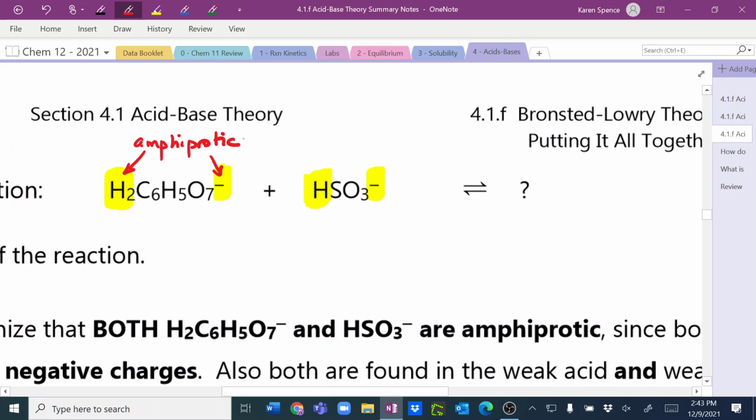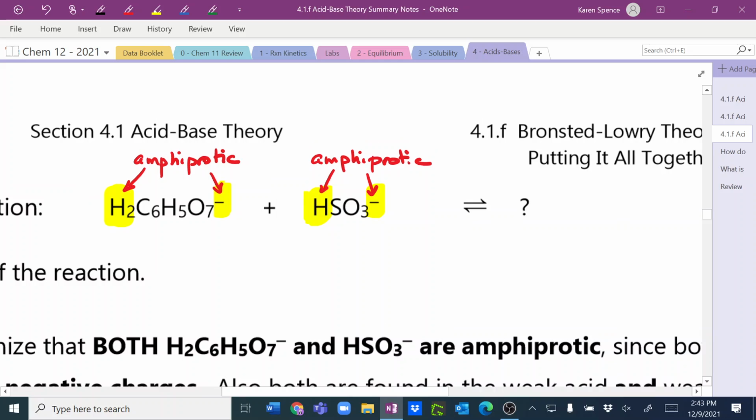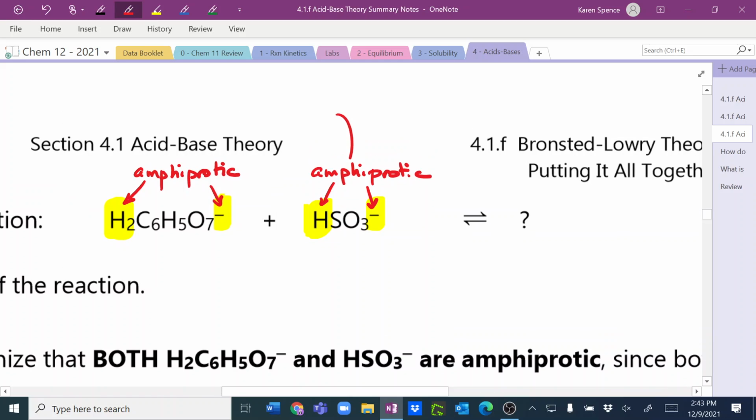What does it mean to be amphiprotic? Able to do what? Act as an acid or as a base, either donate a proton or accept a proton.